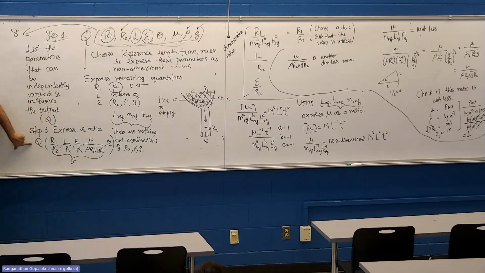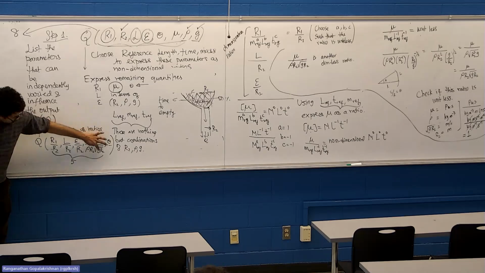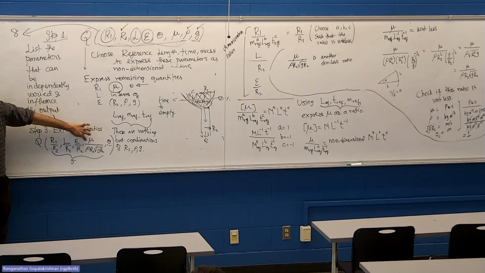If you want to measure flow rate for different liquids, it doesn't make sense for you to take every possible liquid and try it. You can try to vary this ratio because both viscosity and density and G and R2, they all influence the flow rate. Instead of varying 4 of them, you just vary this one ratio. So what else is remaining here?